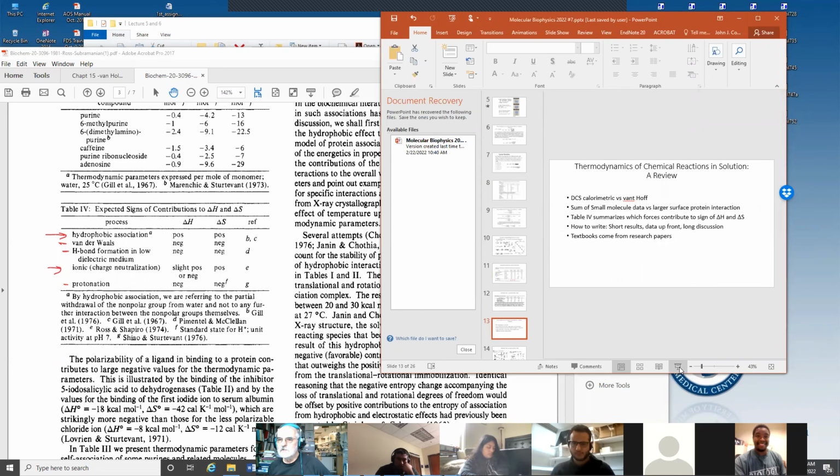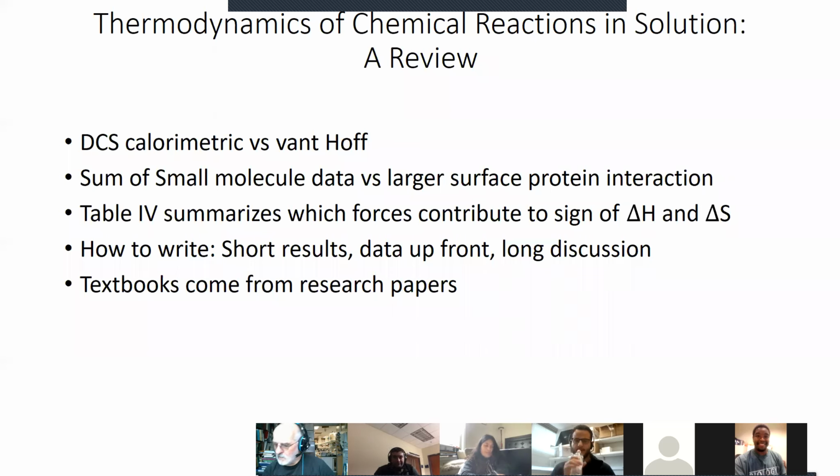When you have protein-protein interactions and you have two surfaces that come together, the interactions that occur in here that stabilize that protein-protein interaction will be combinations of the hydrophobic effect, van der Waals contacts, ionic interactions, maybe protonation, salt bridge interactions.